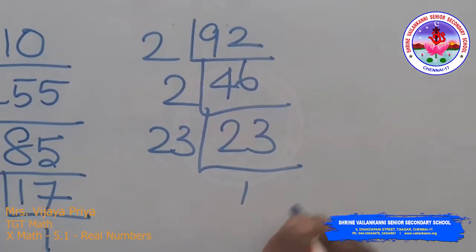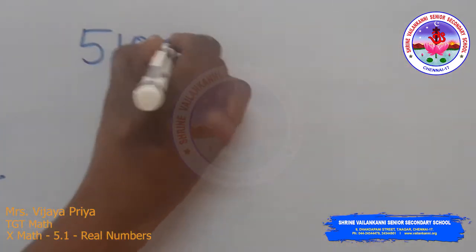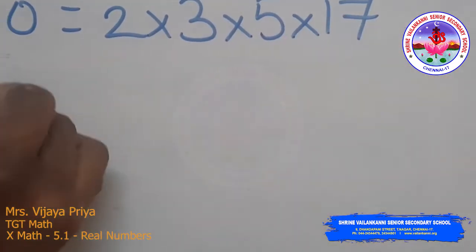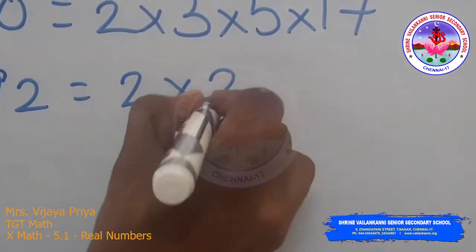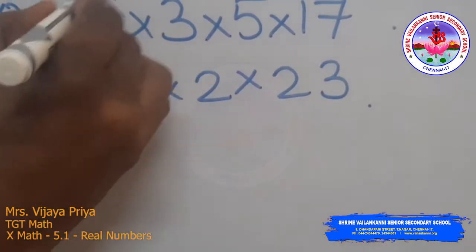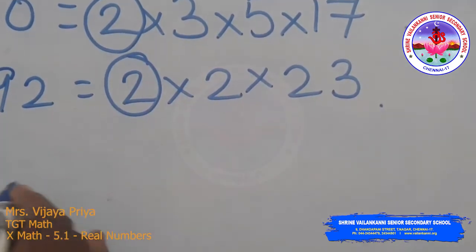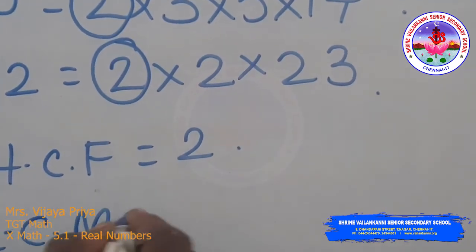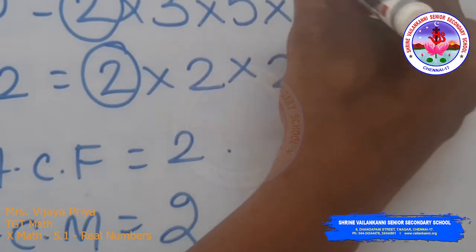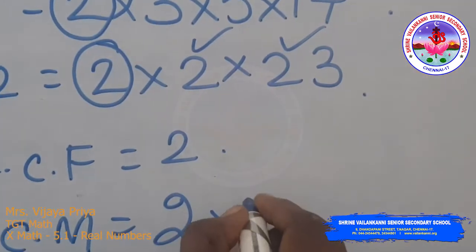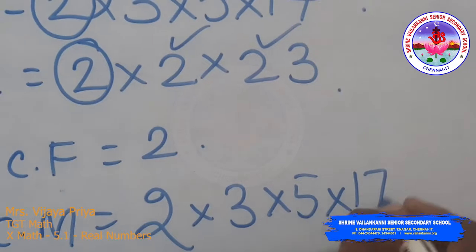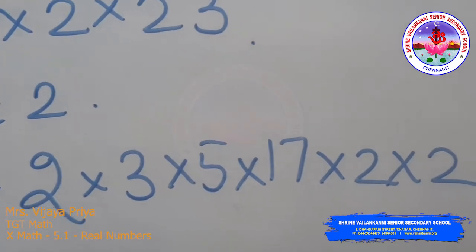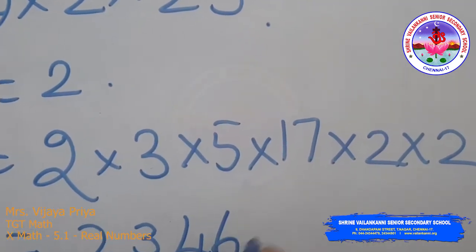Now I write 510 as 2 into 3 into 5 into 17, where 92 is equal to 2 into 2 into 23. The common factor will be 2 for these two numbers, so I got my HCF as 2. Now going to the LCM, along with this 2, I am going to write the other numbers: 3 into 5 into 17 into 2 into 23. If I multiply all the numbers, I will get 23,460.